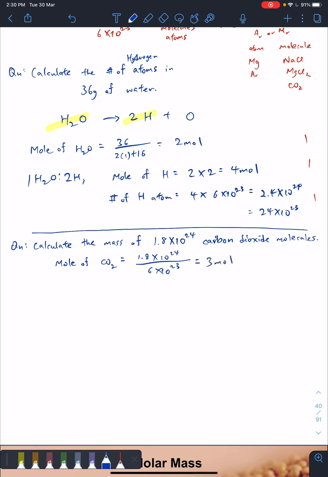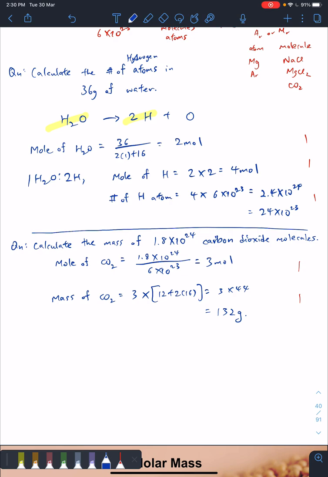Then you can convert. So the mass of CO2 will be 3 times the MR, which is 12 plus 2(16), gives you 3 times 44 equal to 132 gram. So this is how another question looks like, and this is 1 mark, 1 mark. So this is how you can do this kind of questions where you integrate both together.